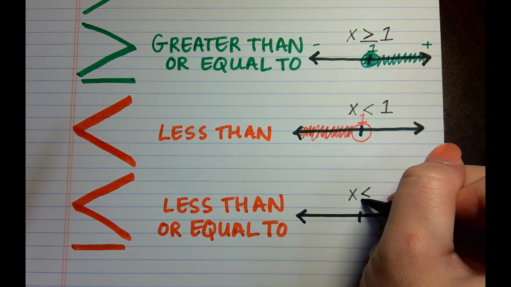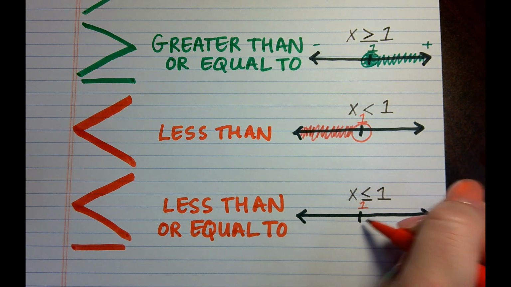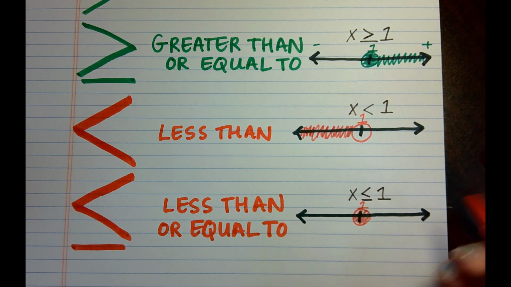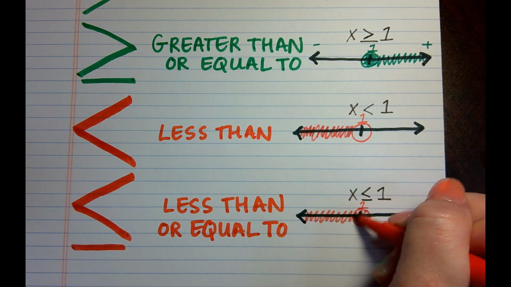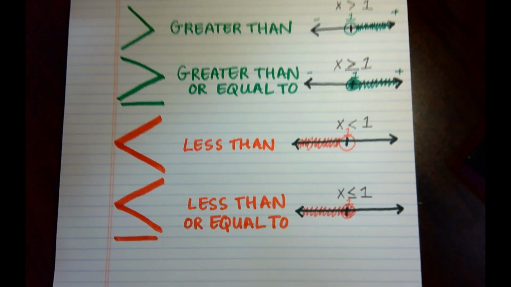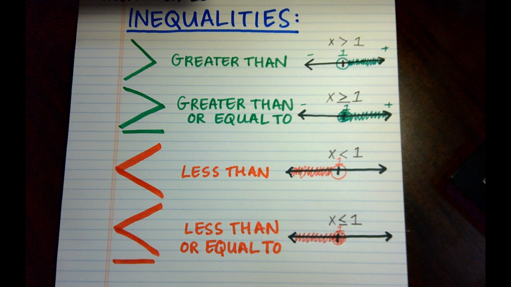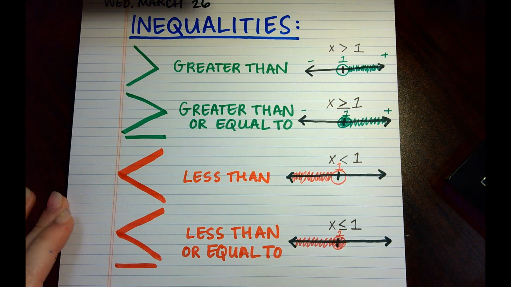You just shade the circle in and color to the left. Yes. So we have our 1, we color in our circle, and we shade to the left. It's the open and shut. So there's our little guide, our little answer key to help us as we try solving some inequalities.